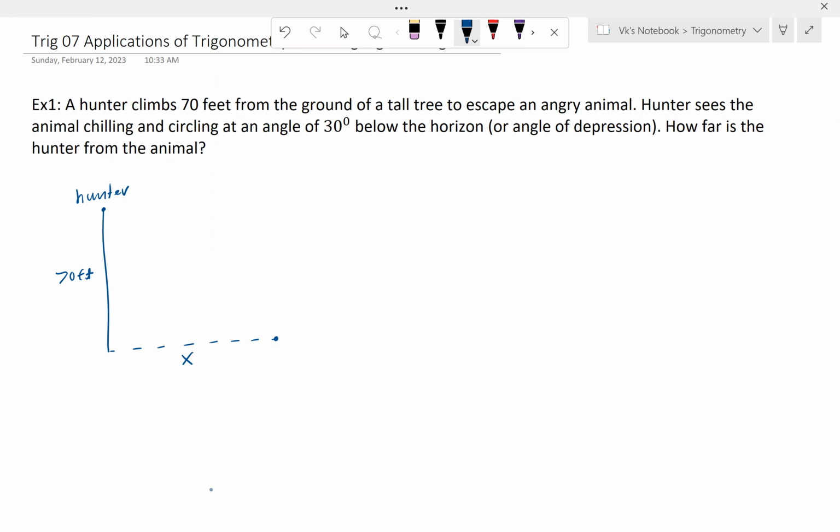But then we know this is the animal, and we want to figure out the distance between the hunter and the animal, which is this distance D. Now, what we know here is that we have an angle of depression.